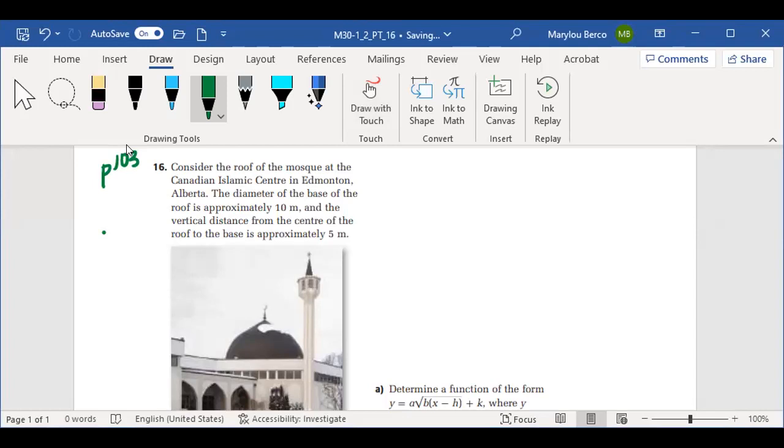The diameter of the base of the roof is approximately 10 meters, and the vertical distance from the center of the roof to the base is approximately 5 meters.